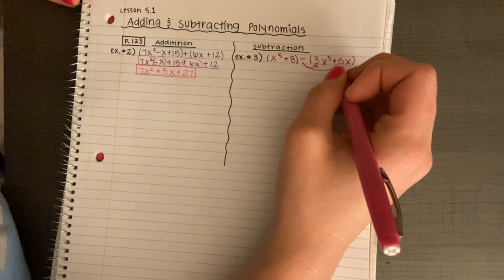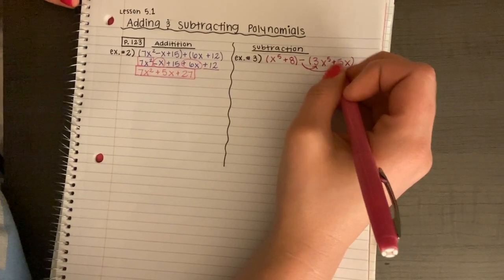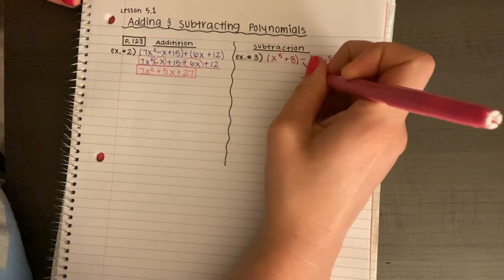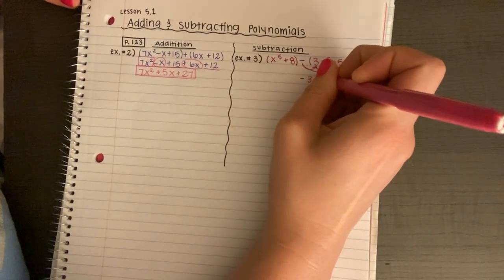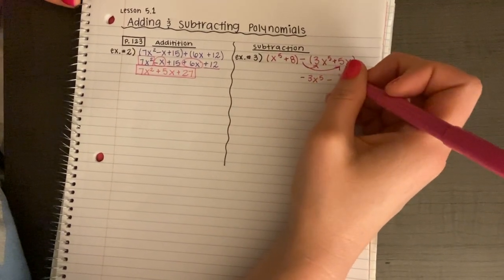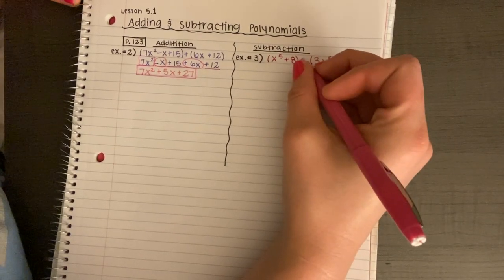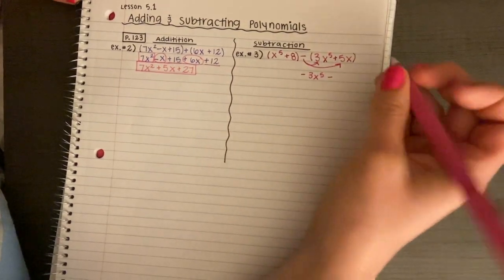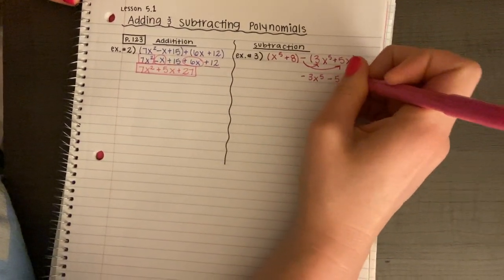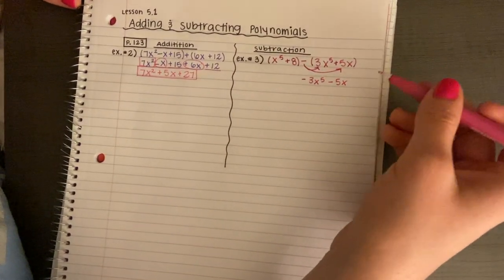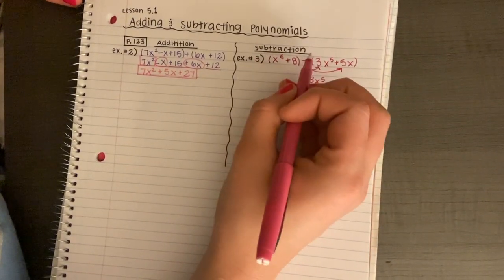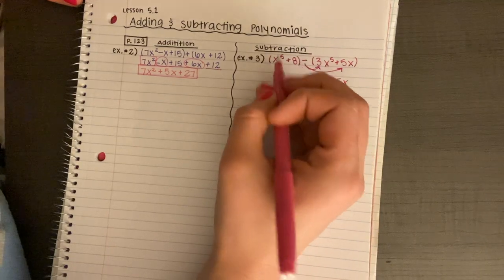Because these were both positive, after we distribute the minus sign, they're going to both be negative. If they were both negative, we know that a distribution of negative to another negative gives me a positive. So that's where you have to be careful and where you can be tricked when you're doing subtraction of polynomials.